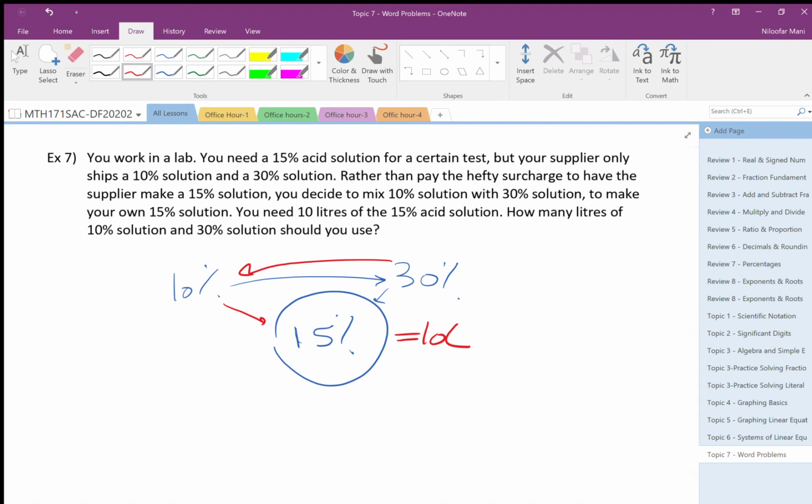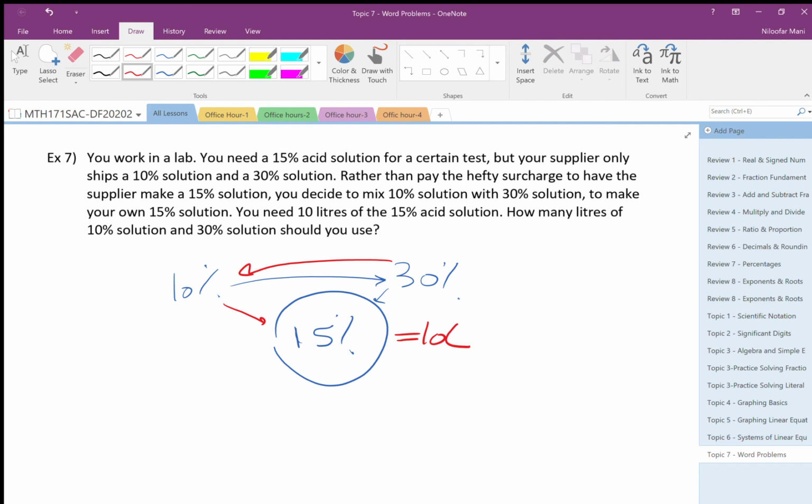So you read the question once and you understand this is a mixture problem. Now you read a second time and translate. I have 10%, I have 30%. I want 15%. How much do I want? 10 liter. How much do I have from each? I read how many liters of each. So that's the last sentence, which gives me the idea how to define my variable. How many liter of each?